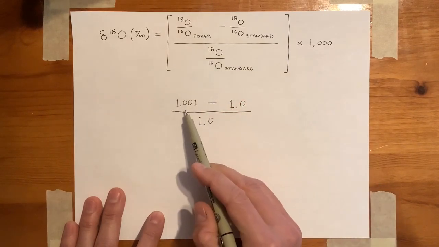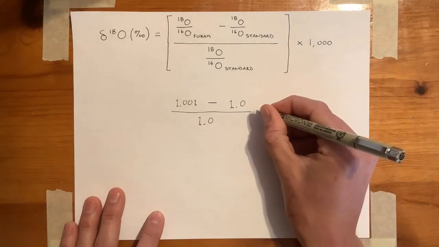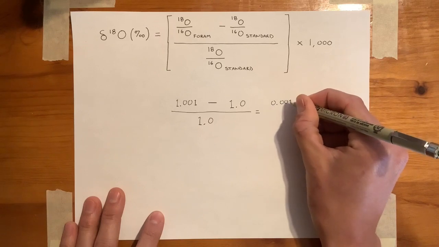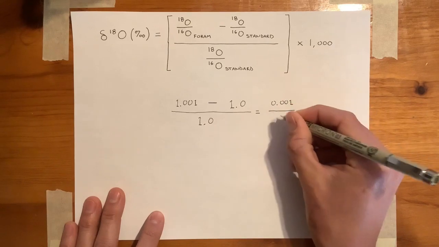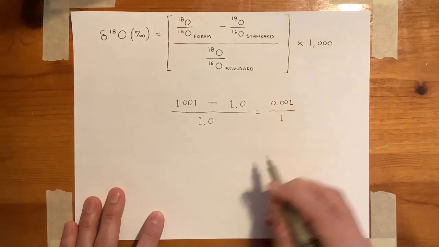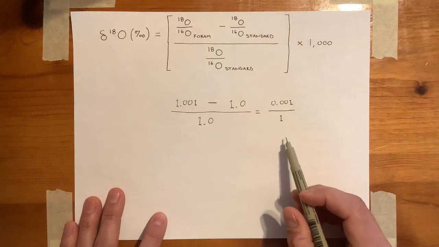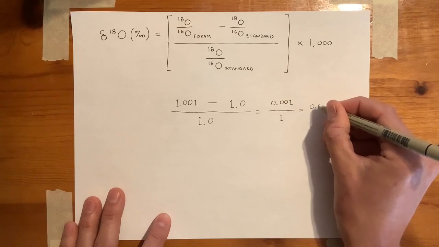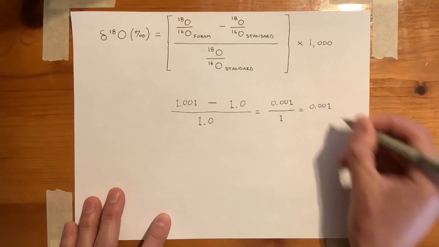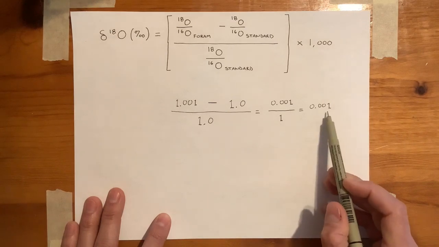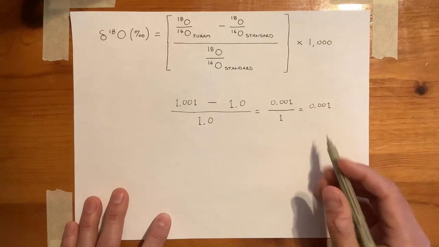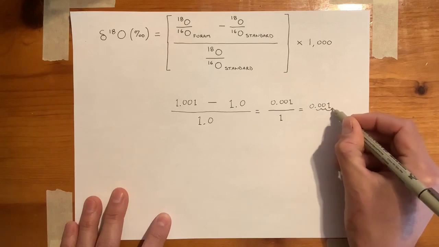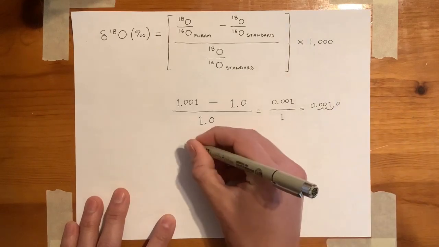So 1.001 minus 1 equals 0.001. 0.001 divided by 1 is equal to 0.001. Now, 0.001 times 1,000, that's a piece of cake. We just move our decimal point over 3 places.